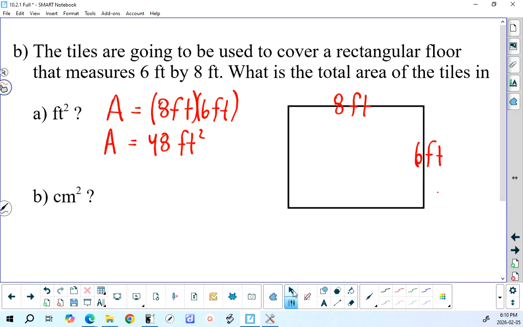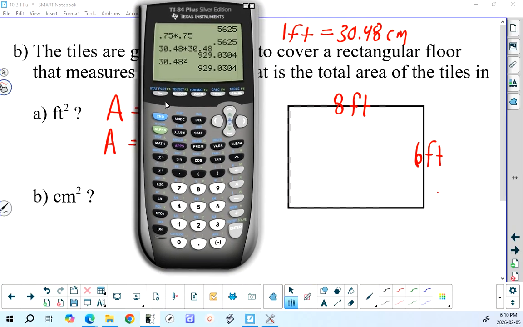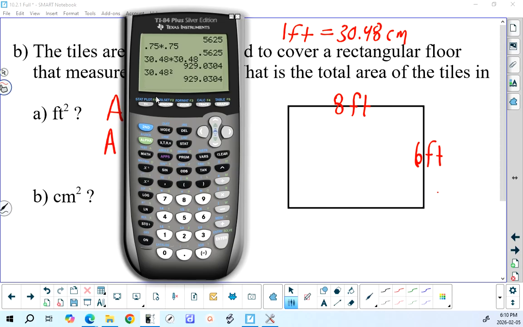Now, what if I asked you to determine the area in square centimeters? Well, you could convert the 8 feet to centimeters and the 6 feet to centimeters. You know that 1 foot is 30.48 centimeters. So if you set up a ratio or you use a little bit of common sense, you will discover that 8 feet in centimeters can be found by taking 8 times 30.48.